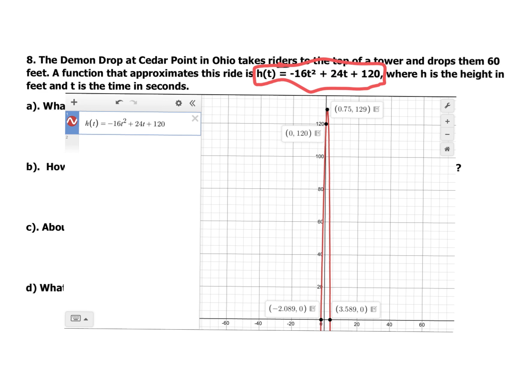So if you notice, when I clicked the quadratic, it gave me 4 points. Let's talk about this point down here. This point has an x value of negative 2.089. We're talking about things that are happening in real life, so we do not have negative 2 seconds here. We do not want the point that has a negative x value.